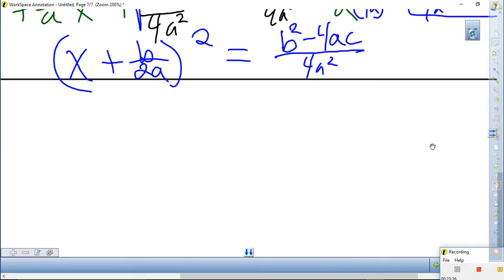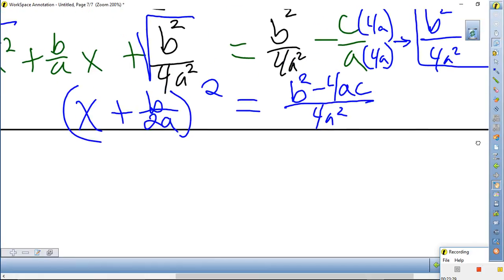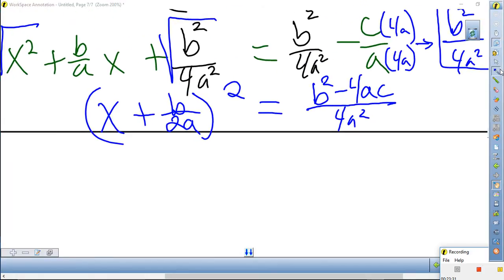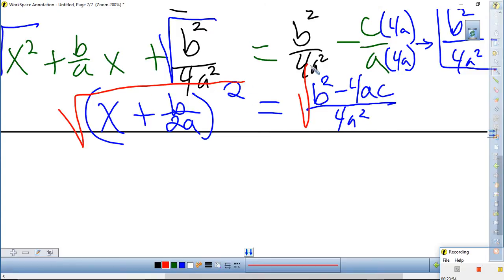Joaquin, what do I do? Italia, help him out. Square root and square root.